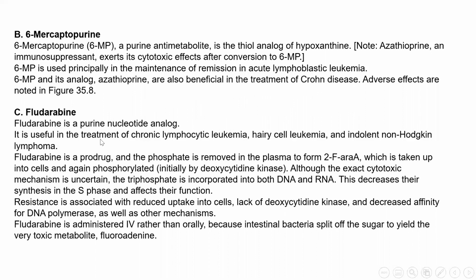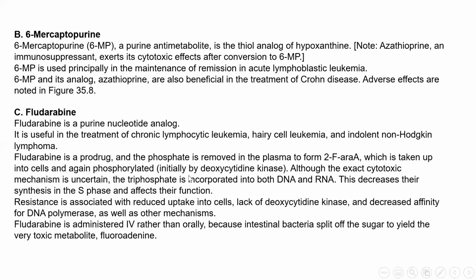Then we have fludarabine, a purine analog. So both of them are, let's say, purine antimetabolites. This one is useful in the treatment of chronic lymphocytic leukemia, similar to 6-MP, hairy cell leukemia and non-Hodgkin lymphoma. So it has more clinical uses.